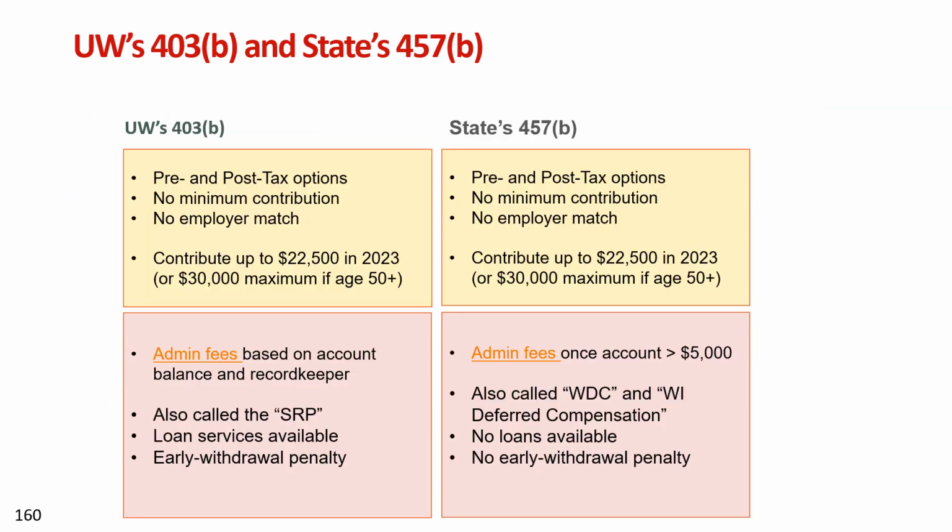So there are the two options, the UW's 403B and the state's 457B, and both work in similar manners in that money can be withheld from your checks, whether pre-tax or post-tax. The post-tax is known as a Roth option. And while there's no employer match, nevertheless, your own money, if you're putting it into the investments, would be sent to the investment company.